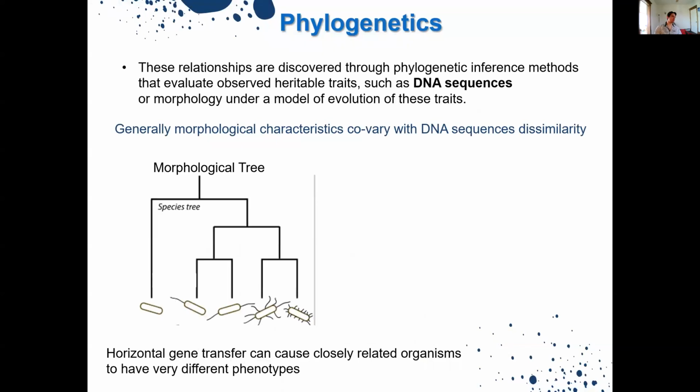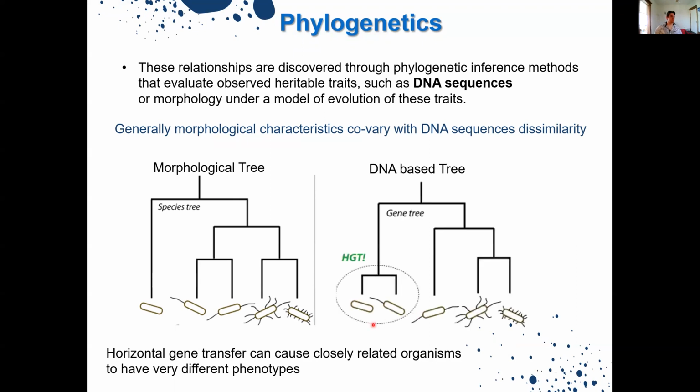So that's what we find here: you have these organisms where, if you look at their characteristics, the morphology, you might find that there's a large difference between them, but if you look at them genetically, they might be more closely related. That is more often than not caused by horizontal gene transfer, because that can cause closely related organisms to have very different phenotypes.